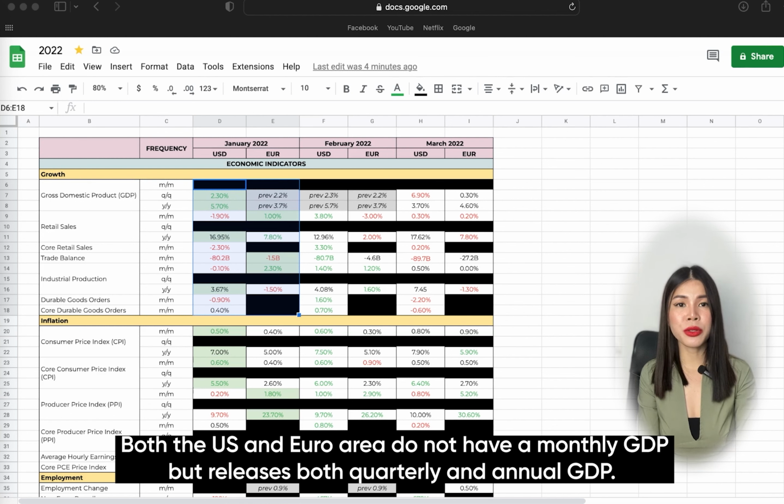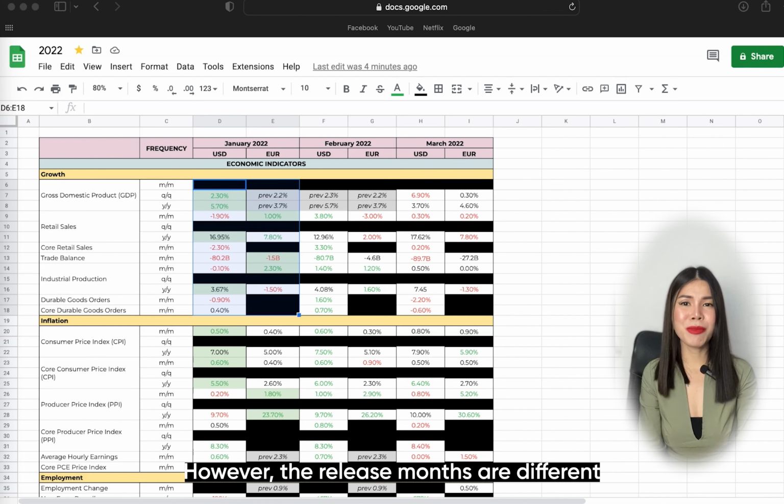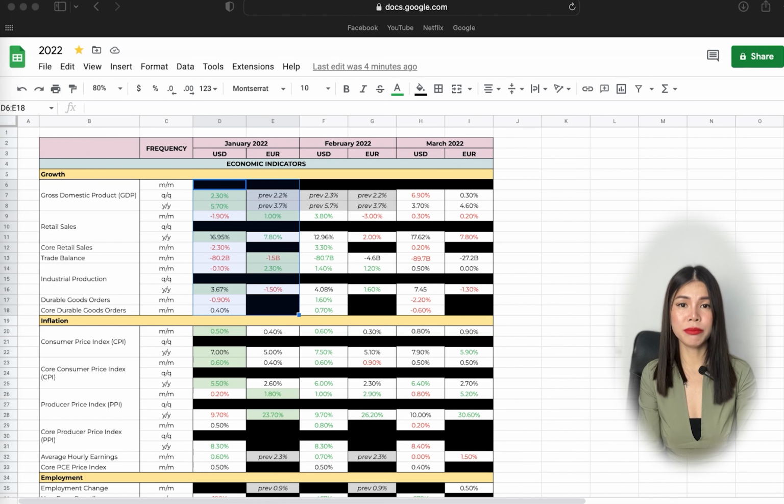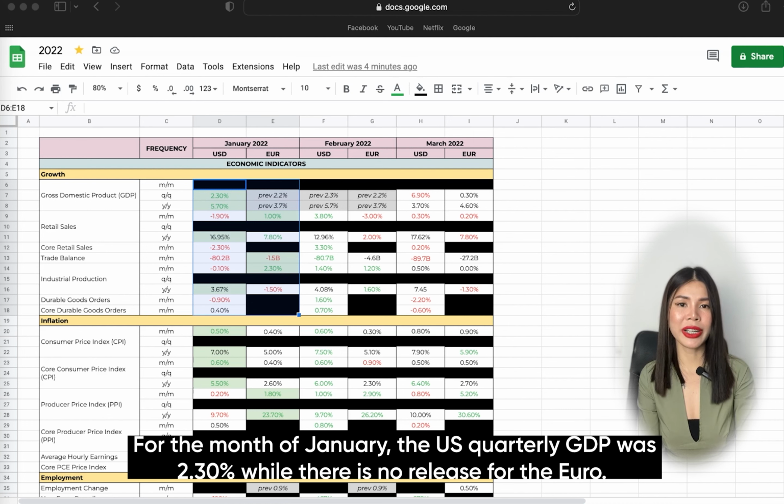Both the US and the euro area do not have a monthly GDP, but release both quarterly and annual GDP. However, the release months are different, hence, if there is no release data for the month, I will be referring to the most recent data available. For the month of January, the US quarterly GDP was 2.3%, while there is no release for the euro.